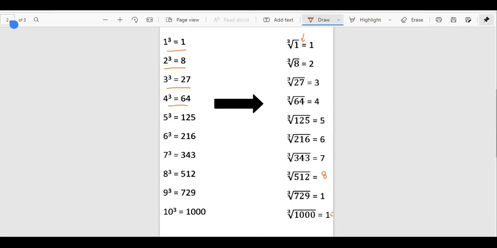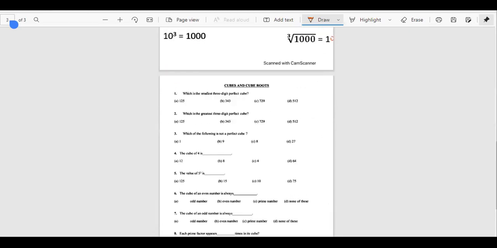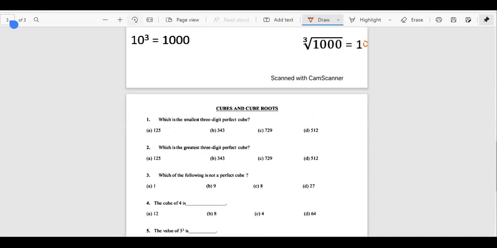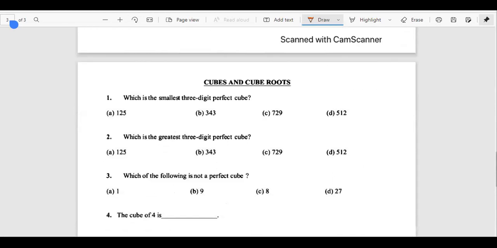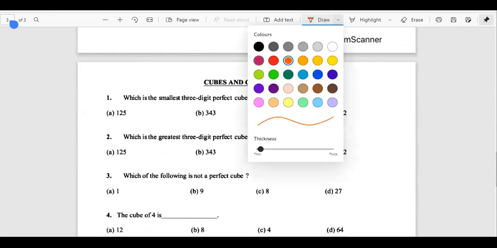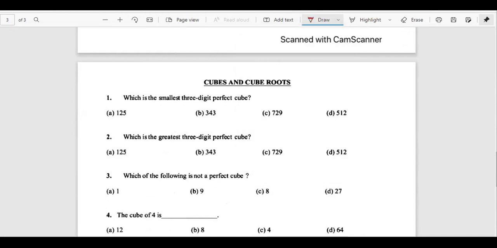Okay, ma'am. All right. Now let's talk about these questions. I'll zoom in a bit. The very first question is, which is the smallest 3-digit perfect cube?